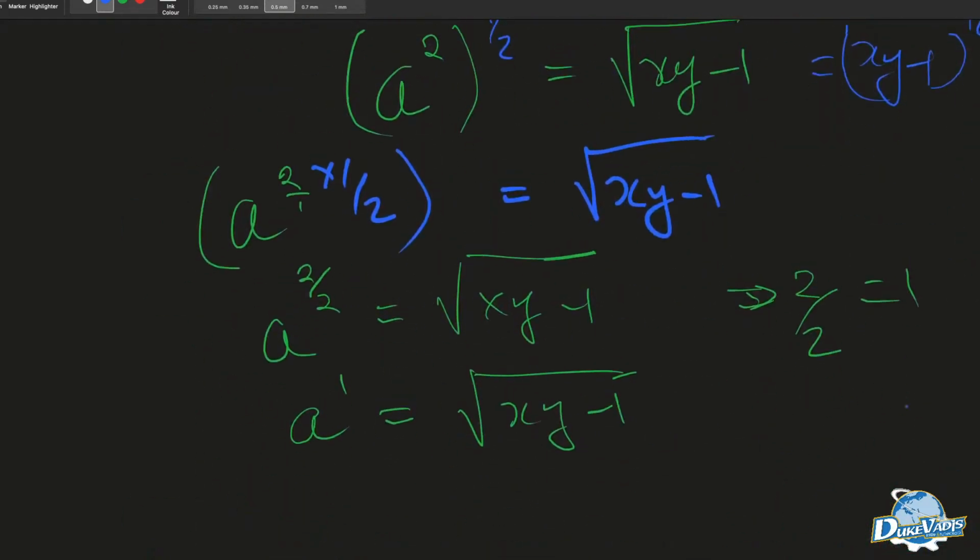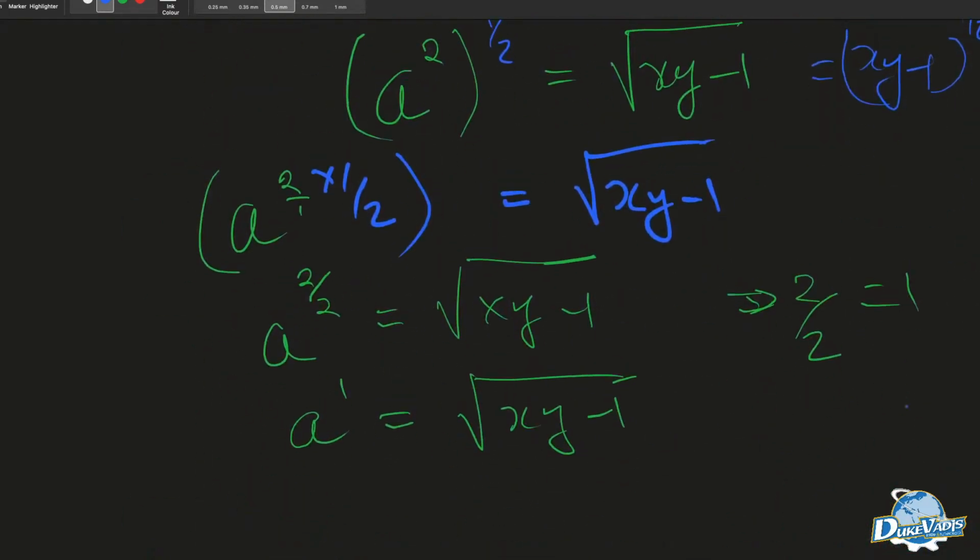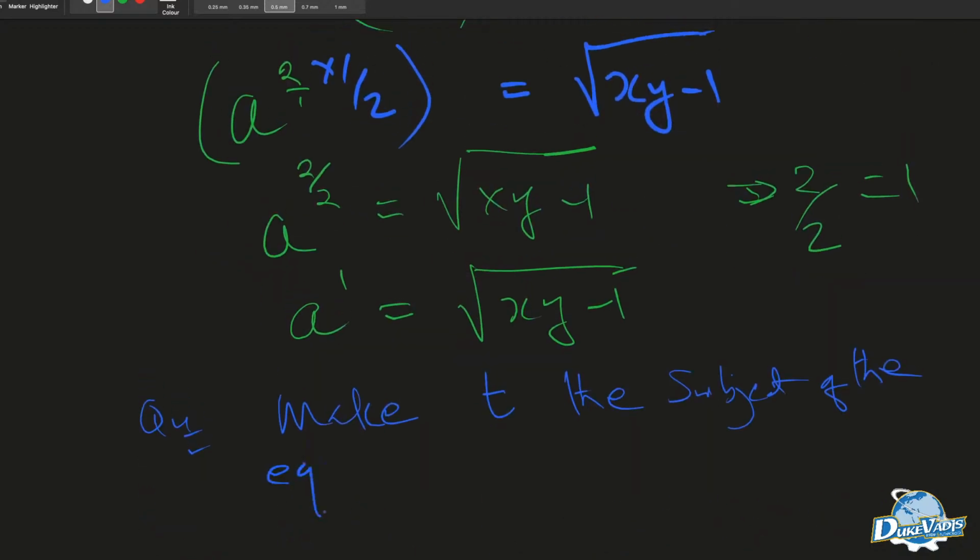Now they say make T the subject of the equation below.